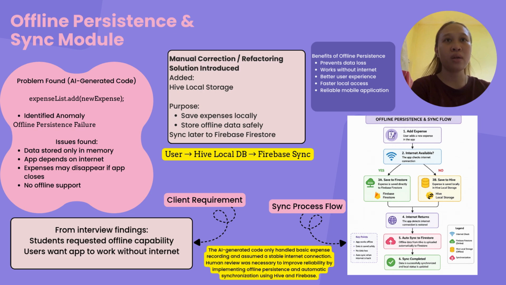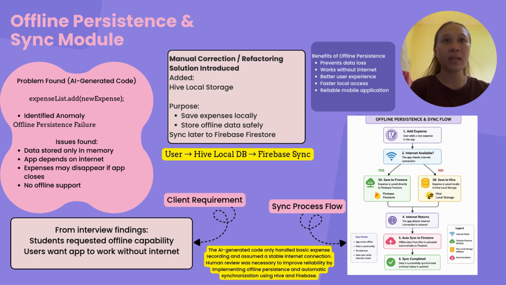Now for the synchronization flow, this slide shows how the synchronization process works. First, the user adds a new expense. Next, the system checks whether internet connection is available. If the internet is available, the expense is saved directly to Firebase Firestore.